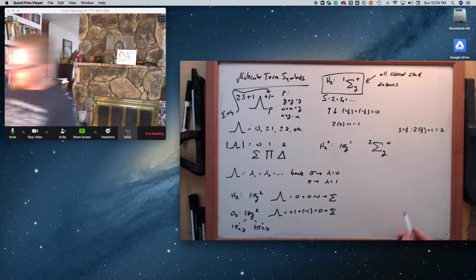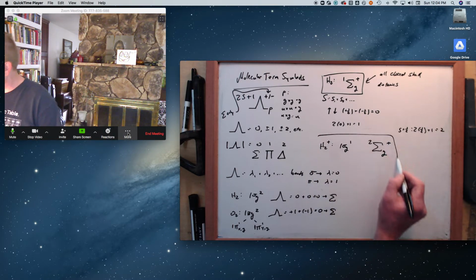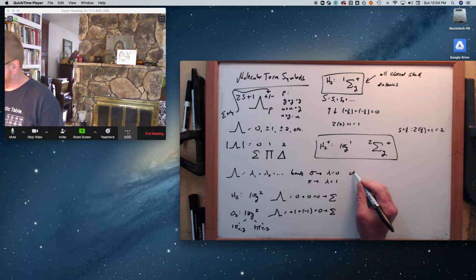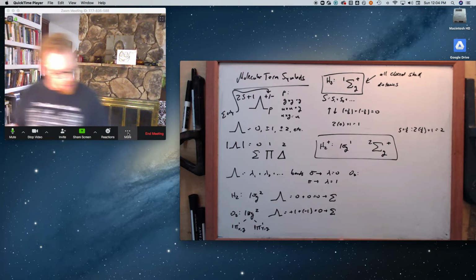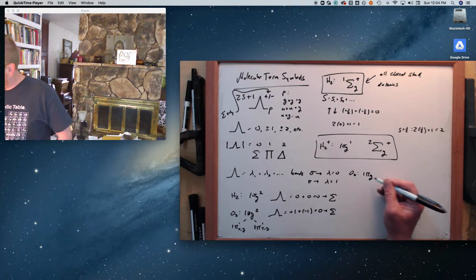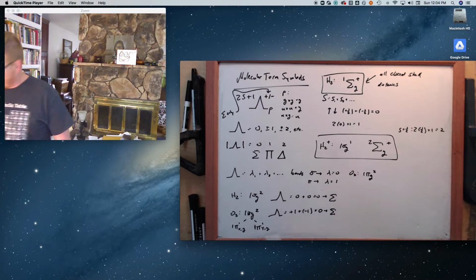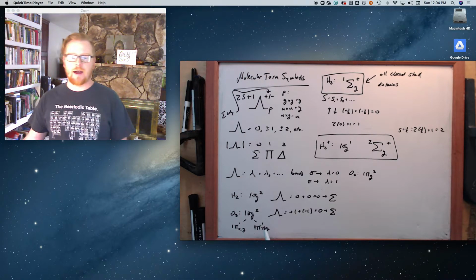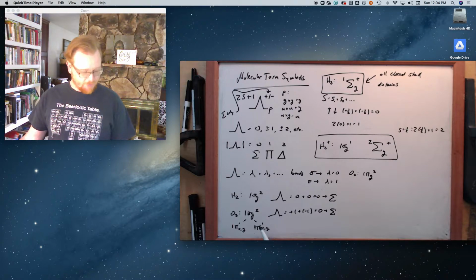Okay, so now what about back to our O2 example? We recall here that it was a 1 pi g 2, where those are split between the pi xg and pi yg.